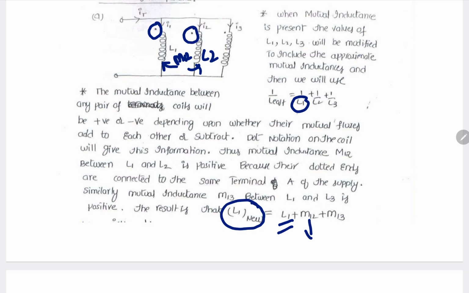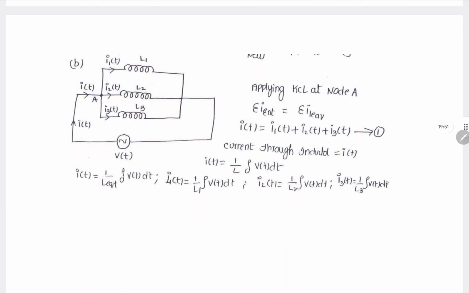So M12 is positive. So M13: in L1 current is entering into the dot, in L3 also current is entering into the dot. So M13 is also positive. So L1 plus M12 plus M13, this is the new L1 value. In place of this L1 we will substitute this L1 new.